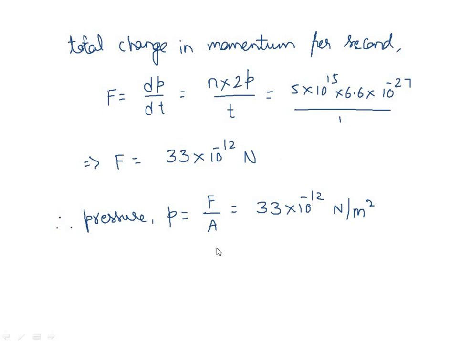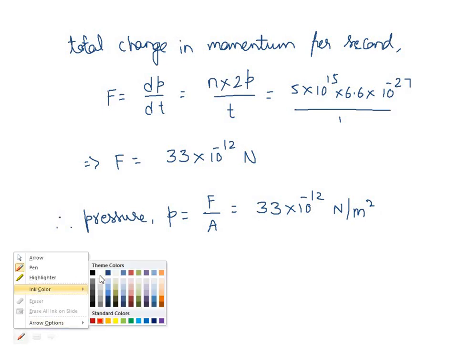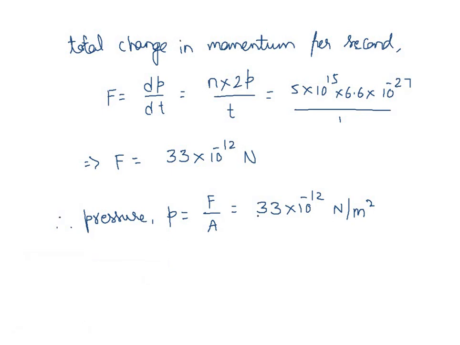A millimeter square is 10 power minus 6, so 33 into 10 power minus 12, divided by millimeter square, 10 power minus 3 whole square, which is 10 power minus 6. If it goes up, plus. So 33 into 10 power minus 6 Newton per meter square. This is your final answer.